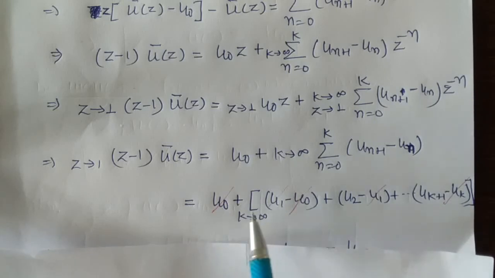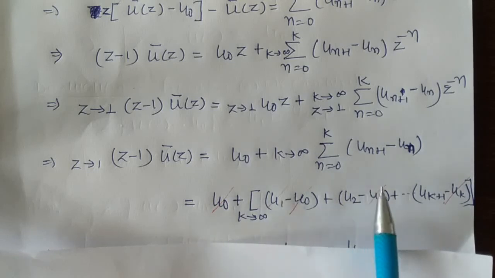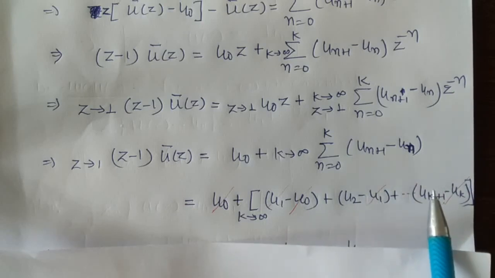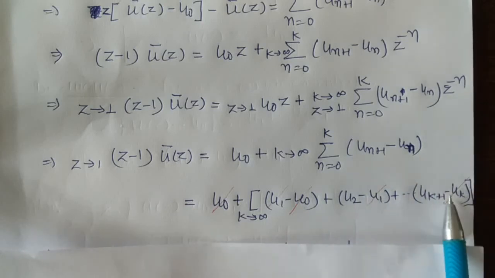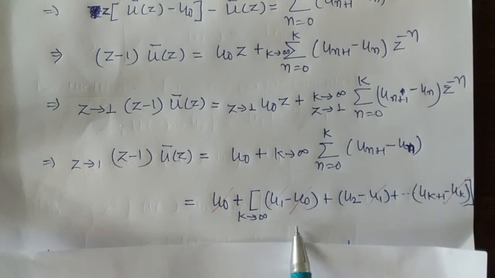So here k tends to infinity. Here positive u0 and negative u0 cancel, positive u1 and negative u1 cancel, positive u2 and negative u2 cancel, and up to positive uk and negative uk cancel, and we have only uk plus 1 as k tends to infinity.